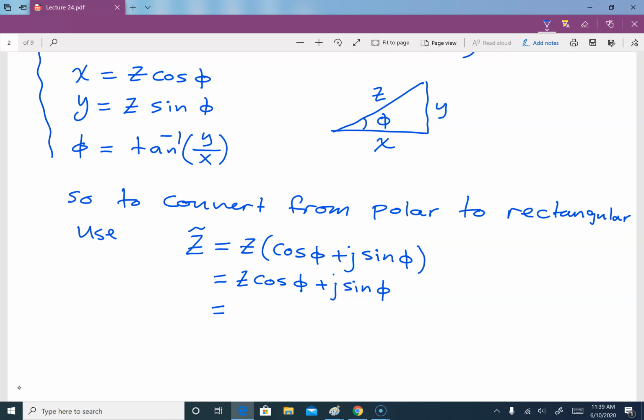If you look at this, z cosine phi is x, and z sine phi is y. So we went from polar to rectangular.